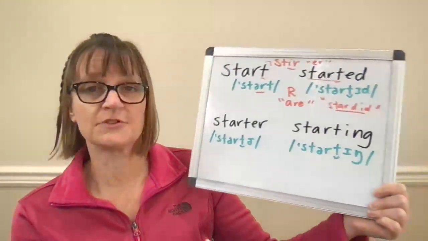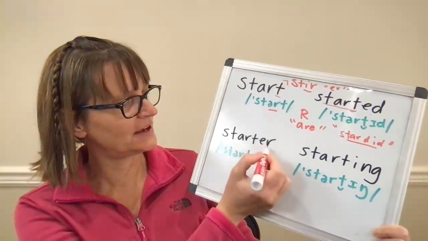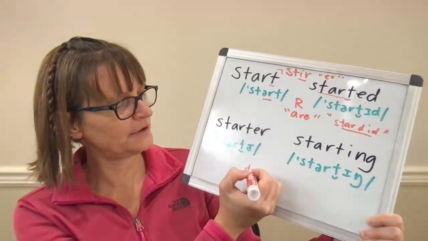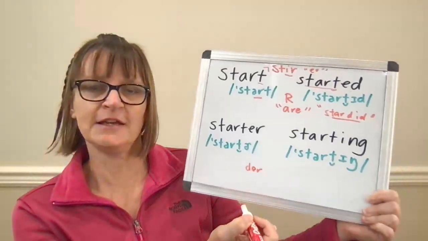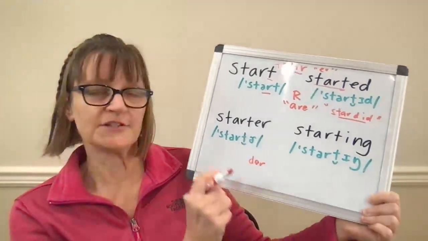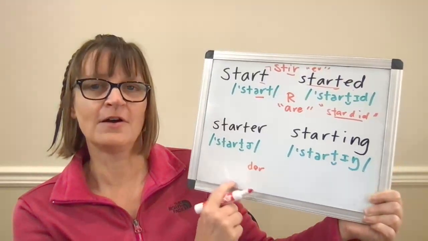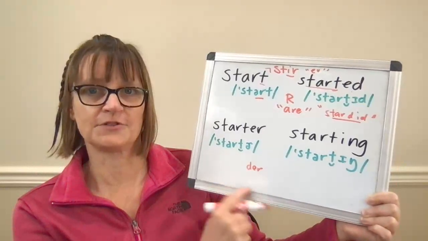When we get to starter, that's also a little bit harder for a lot of people to do this TER. Again, I would rewrite it like DER because we do use a flap there. And to build that, sometimes it can help just building from R again, like R, arter, tartar, starter.